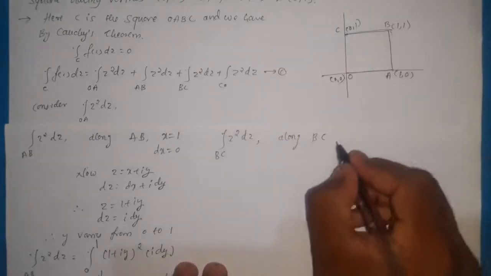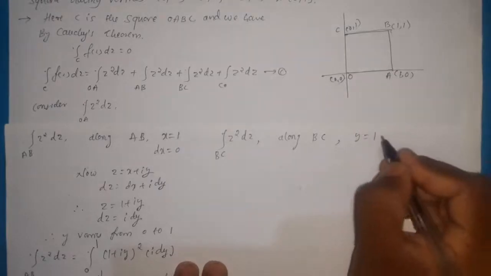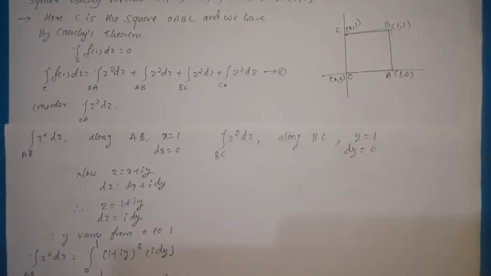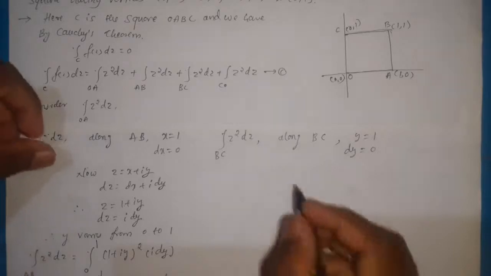So therefore along BC y is equal to 1. It implies dy equal to 0, because y is a constant 1, and if you differentiate that y with respect to y, you will get 0, that is dy equal to 0.